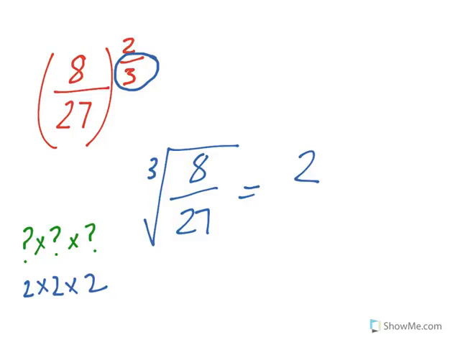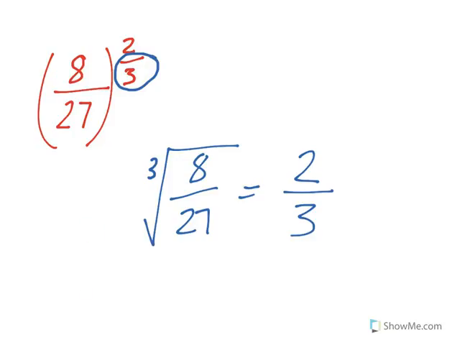And then what number do I times by itself 3 times to give me 27? Well, 3 times 3 is 9, times 3 is 27. So the cube root of 27 is 3. And your answer is going to remain as a fraction. So I've dealt with the cube root, and now I need to do 2/3 to the power 2.